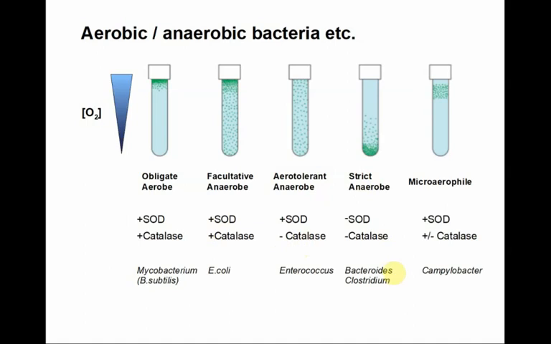So it's always good to have an idea of some bacteria which represent the different categories. Escherichia coli, most enterobacteria, are facultative anaerobes. Bacillus subtilis is generally thought to be an obligate aerobe, but when I checked this, in fact, some strains of Bacillus subtilis can survive without oxygen.